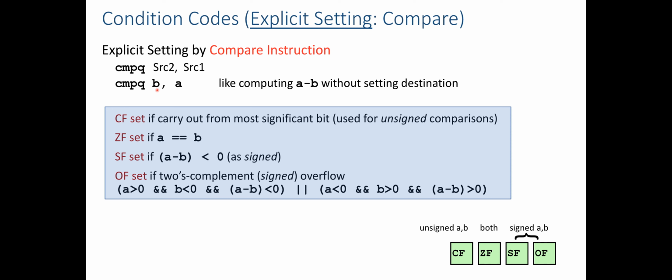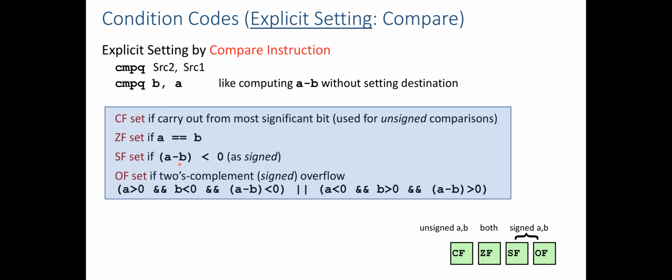So if we had to compare B to A, it would be like computing A minus B. And then the result of that computation, A minus B, is used to set these flags. So again, if the two of them were unsigned, the carry flag gets set if they resulted in overflow. If the two of them are equal, the 0 flag will get set.